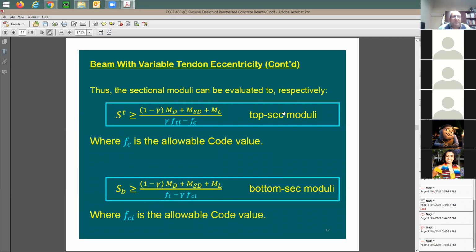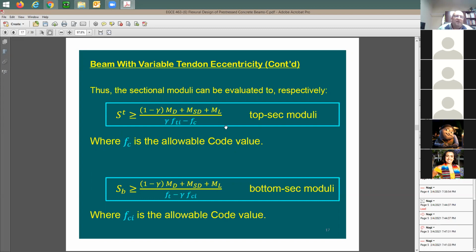At the end of this exercise, you're going to see here the top section modulus, S top and S bottom, needs to be greater than this given equation. So how were they able to reach this conclusion? By setting the stress limits to the maximum allowed stresses. Very similar to this concept.